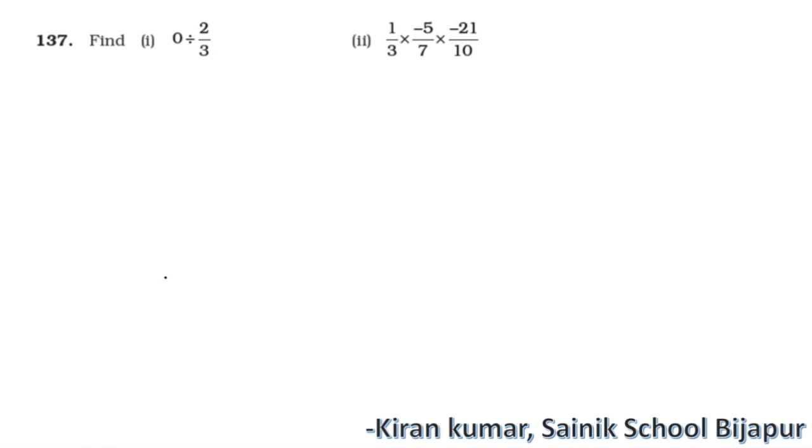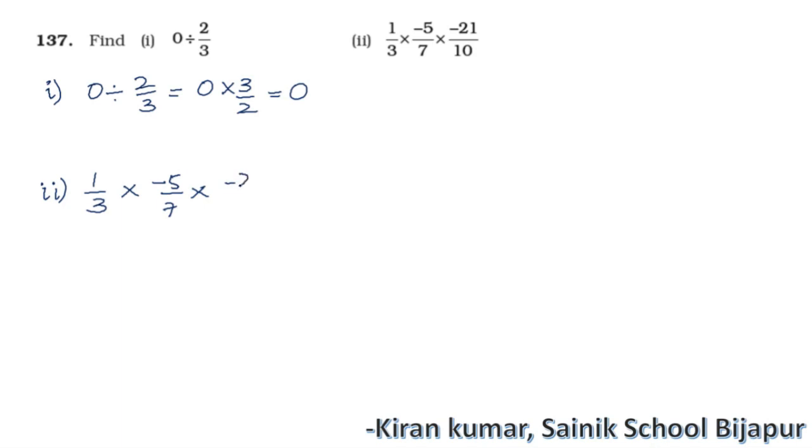Question number 137. We need to find the first one here, which is 0 divided by 2 by 3. This is the same as 0 multiplied by the reciprocal 3 by 2. On multiplication of 0 with any number, we get the product as 0. The next one is 1 by 3 multiplied by negative 5 by 7 multiplied by negative 21 by 10.